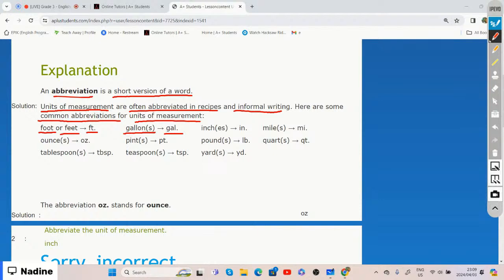If you want to say how many inches something is, you're just going to say in and a period. How many miles, or 1 mile, 5 miles? Then we say mi to indicate the miles, and that is followed by a period.